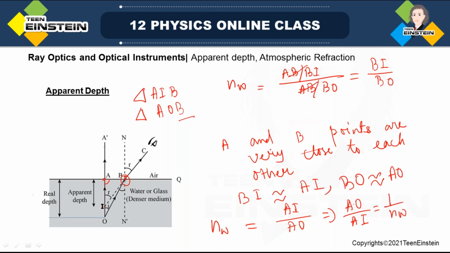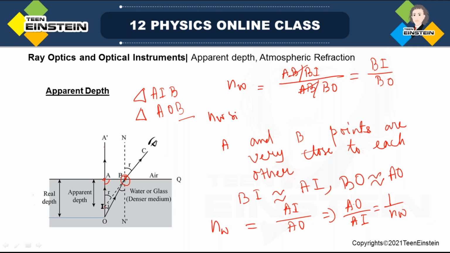So in this case, look, the refractive index of the water is, okay, just a minute. I think it will be the other way.